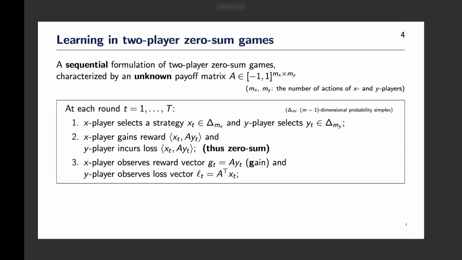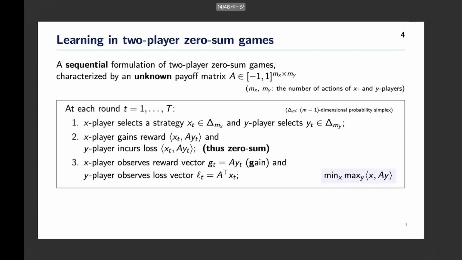The difference is in the third line. Finally, in the last step, the X player and Y player observe their gradient feedback: g_t equals A y_t for the X player, and l_t equals A transpose x_t for the Y player. What is this?